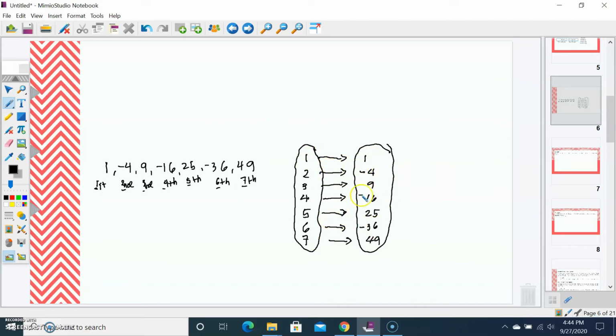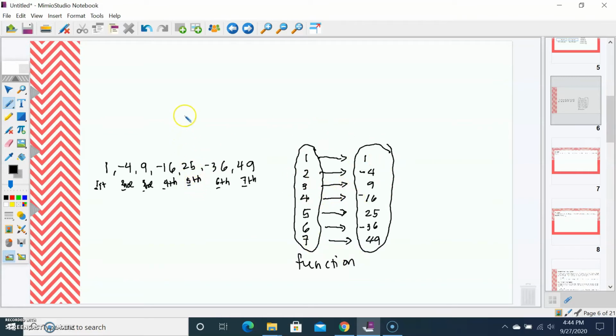This diagram, or this thing that we have, demonstrates what we call a function. So, anong connection ngayon nito with the sequence?